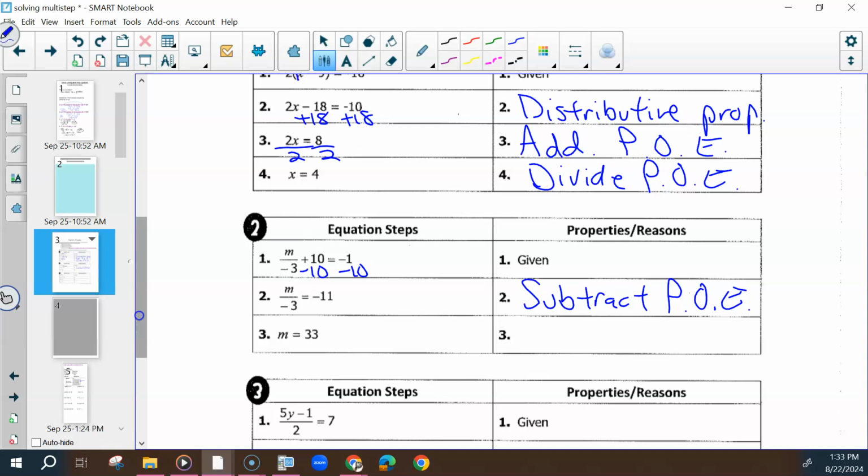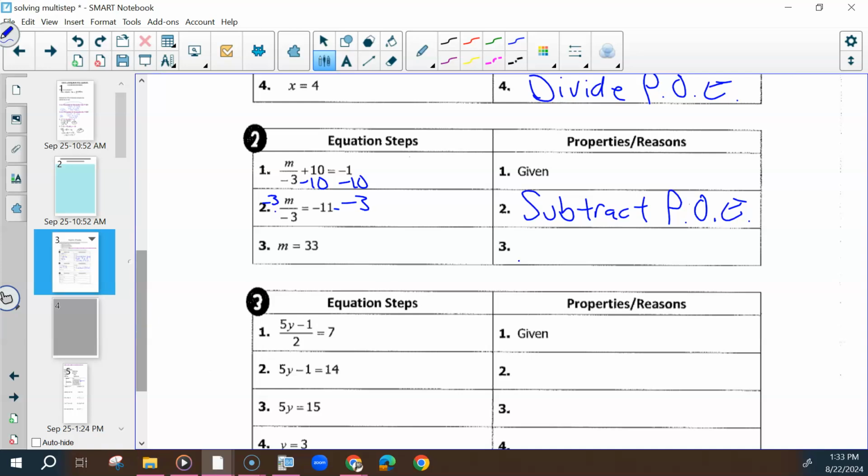Because this was dividing, so we undid it by multiplying both sides by negative 3. And that would be your multiplication property of equality. We're done writing that, on to the next page. If we have time, we'll come back to that.